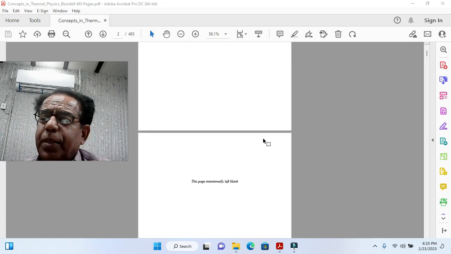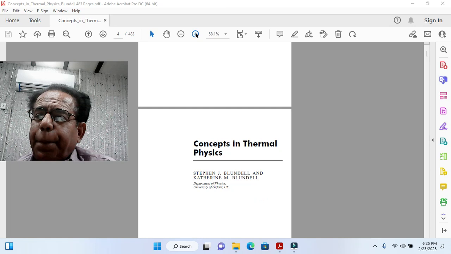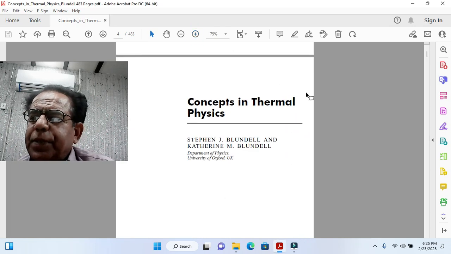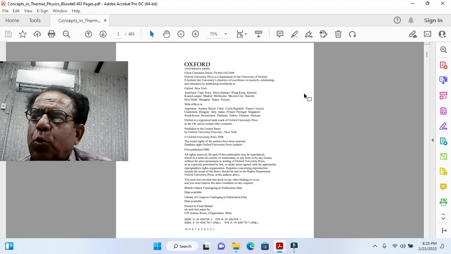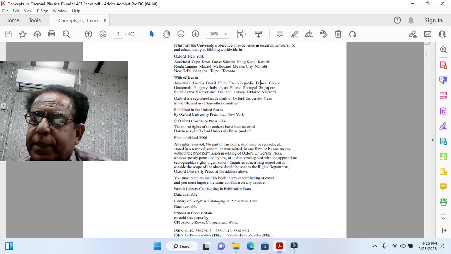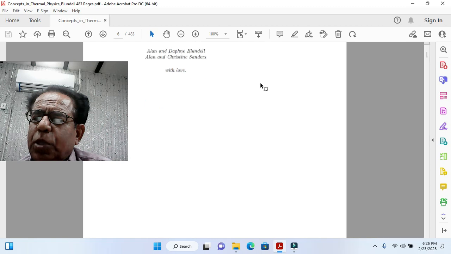Concepts in thermal physics, Stephen J. Blundell and Catherine M. Blundell, both Blundell, Oxford University Press. First published in 2006, and then published again, we do not know when.